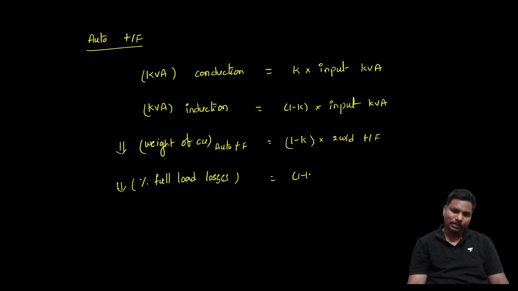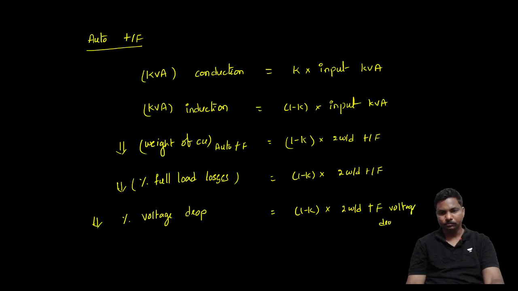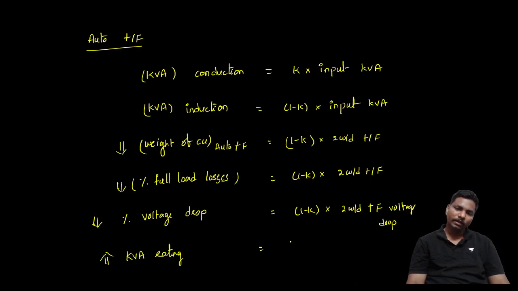These are also 1 minus K times that of the two winding transformer. And percentage voltage drop also reduces. So this is also 1 minus K times the two winding transformer voltage drop. The final one, kVA rating. We know the kVA rating will increase. Increases means 1 by 1 minus K times the two winding transformer. So this is the formula we have used now.